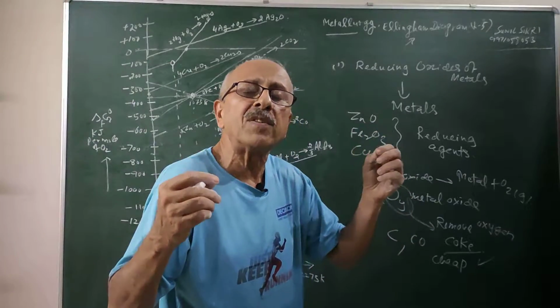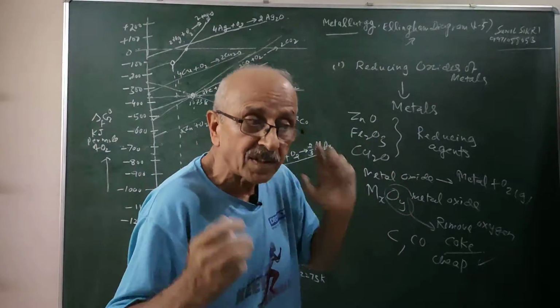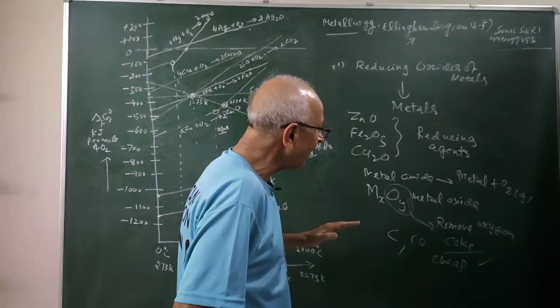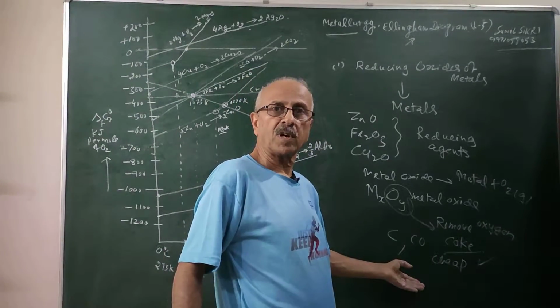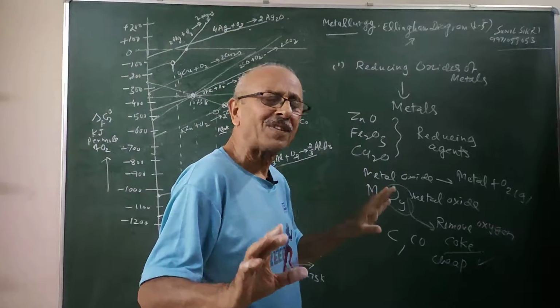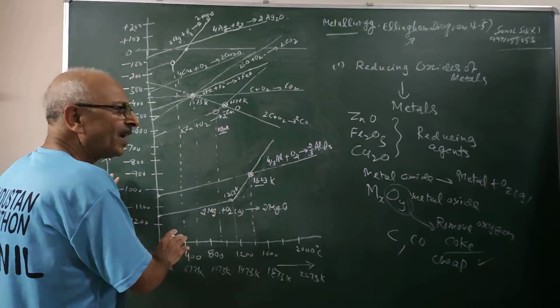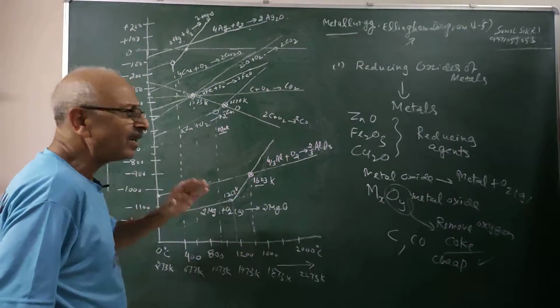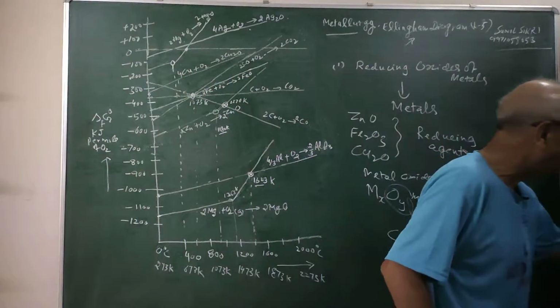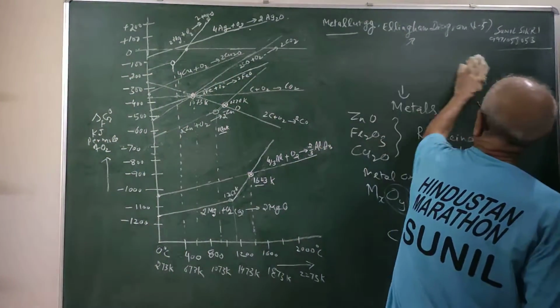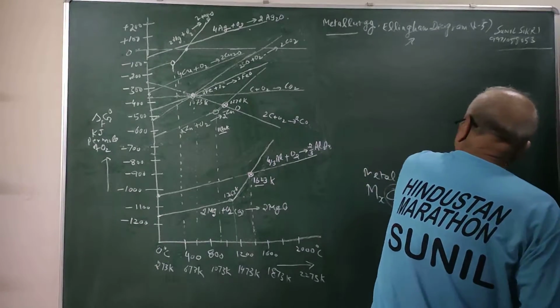But what is the temperature at which this process will happen? That is the point. And the second thing is which is going to be a better reducing agent, carbon or carbon monoxide. This information is available in the Ellingham diagram. The basic fundamental is that delta G should be negative for any reaction to take place.